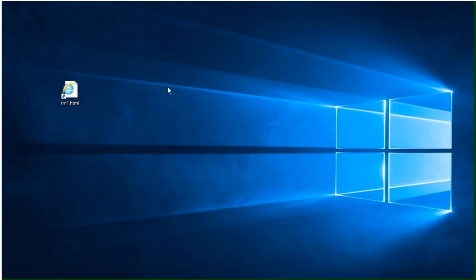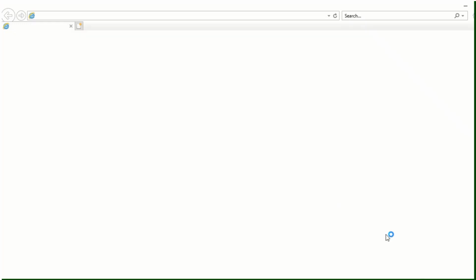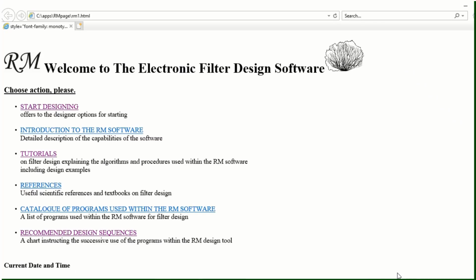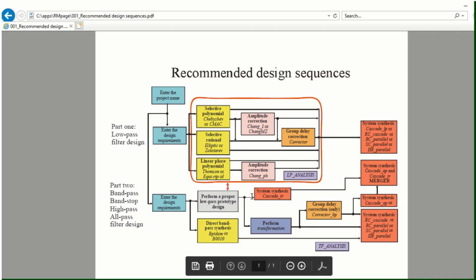So we will start as usual by activating the main program and by allowing the blocked content. And before proceeding to the design, we will visit the recommended design sequences slide.